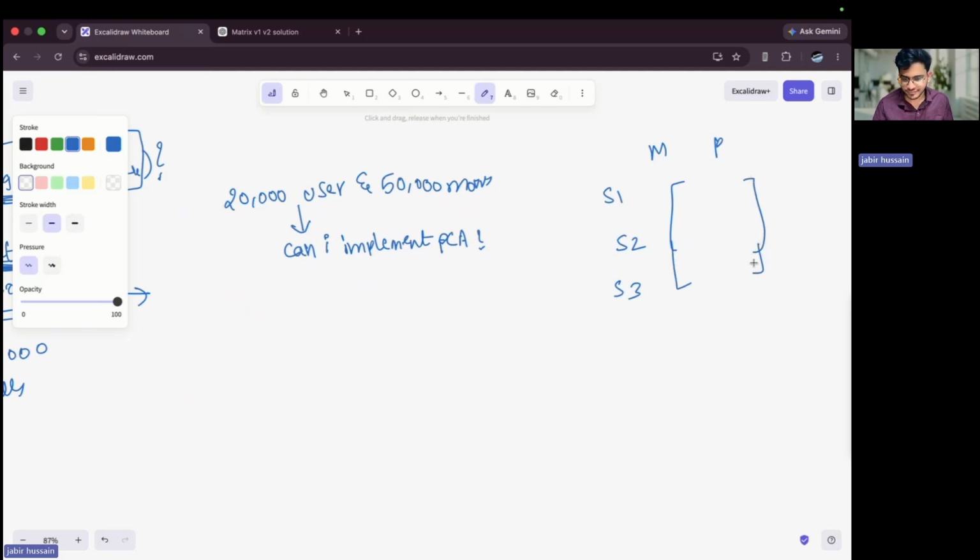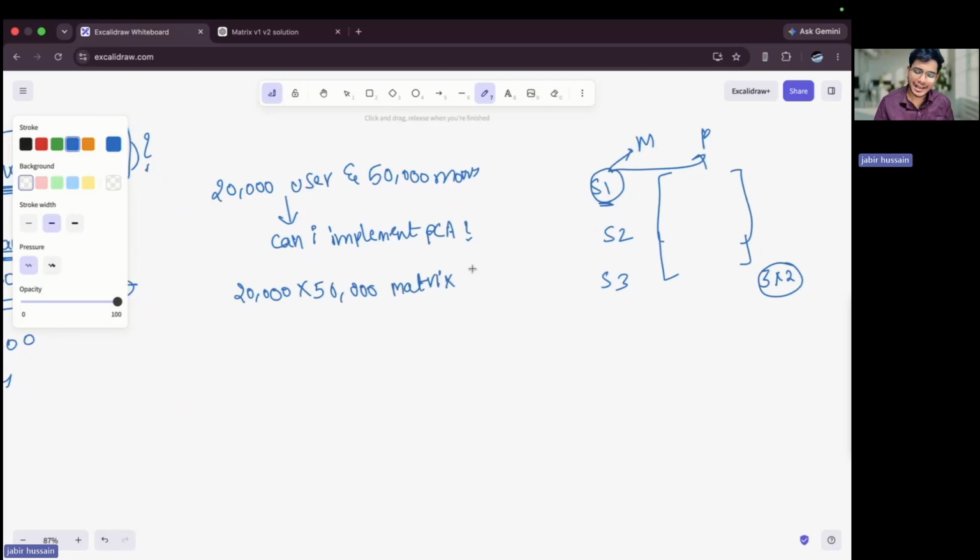Each point has two features, and if you draw the matrix, it is a 3 cross 2 matrix. Here, this is a 20,000 cross 50,000 matrix. So can I implement PCA?